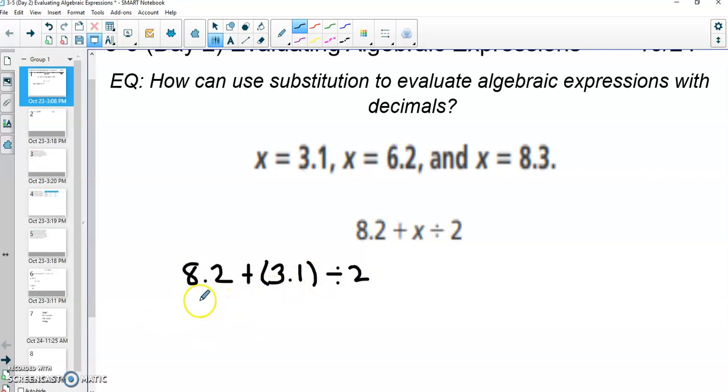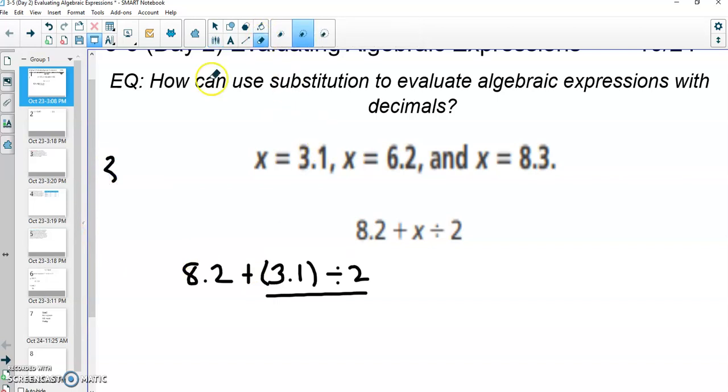So let's go ahead and start solving. We have addition here and we have division. And if we're going to use our order of operations, we know we do this part first. 3.1 divided by 2. So let's go ahead and divide 3.1 by 2. I'll do that right up here, out of the way.